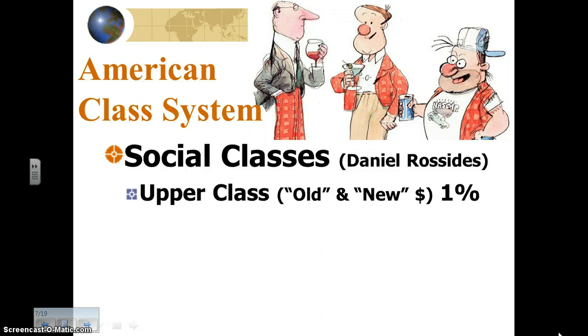For the upper class, we're talking about people who generally bring in about $500,000 or so a year in income. The people in the upper class tend to be very involved in politics, and in volunteer organizations, things of that nature.